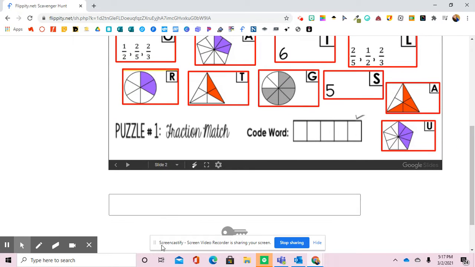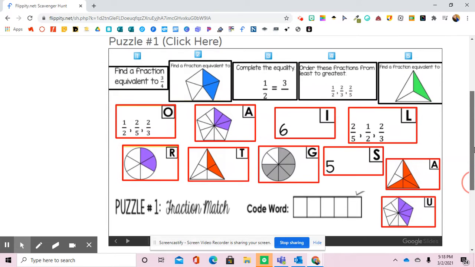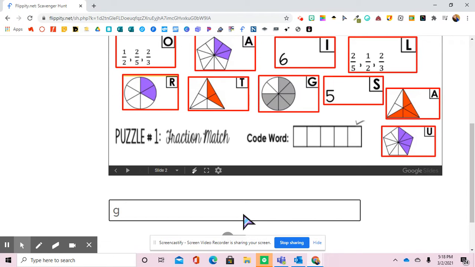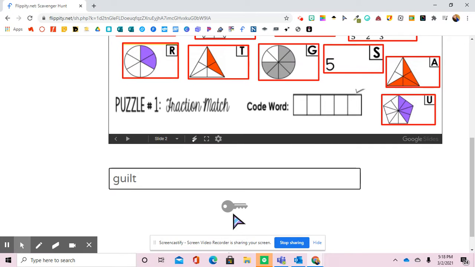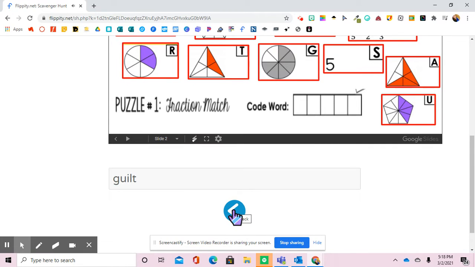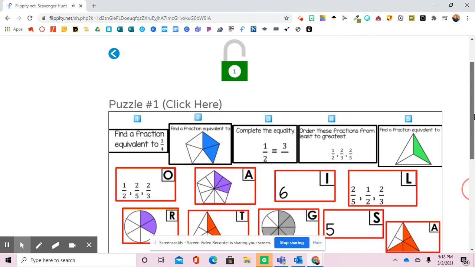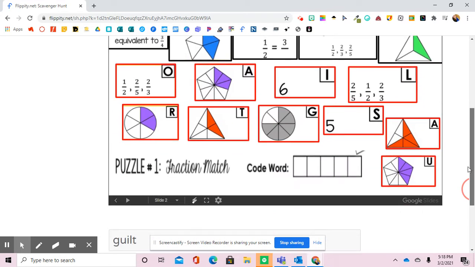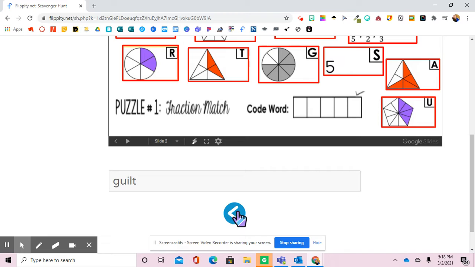The G over here, so it would be G. And if they followed all of them, find a fraction equivalent to 2/5. 4/10 is U. They would get the 5 letters of guilt. And so they would hit this key here, and it would show that they unlocked the first lock, and they can go on to the next room.